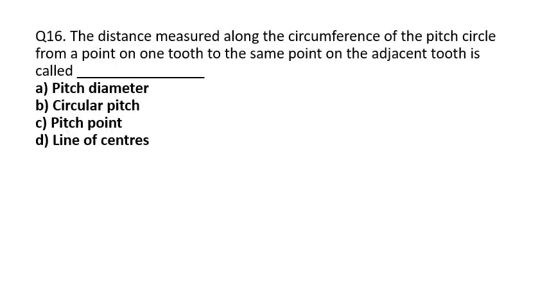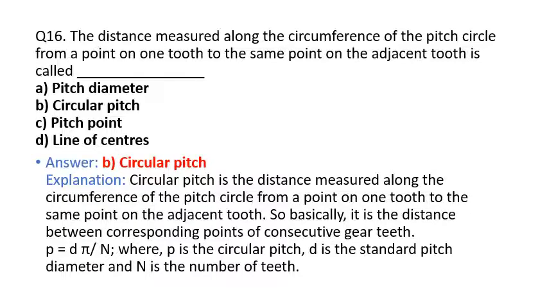Question number 16. The distance measured along the circumference of the pitch circle from a point on one tooth to the same point on the adjacent tooth is called A. Pitch diameter, B. Circular pitch, C. Pitch point, D. Line of centers. The answer is B, circular pitch. Explanation.